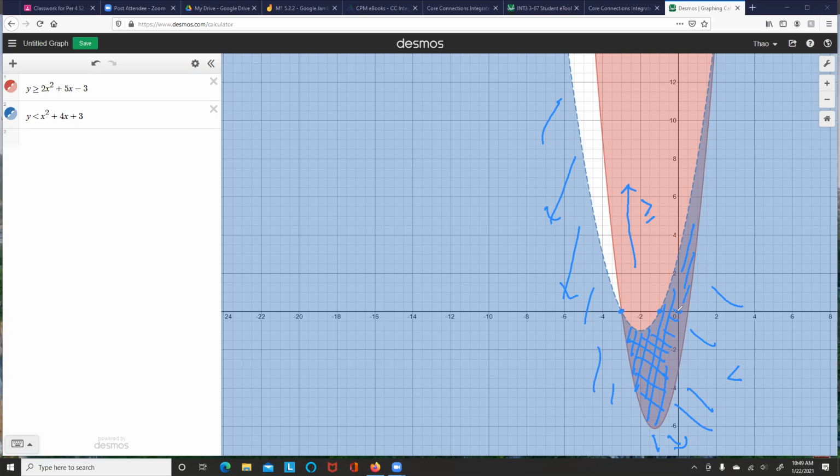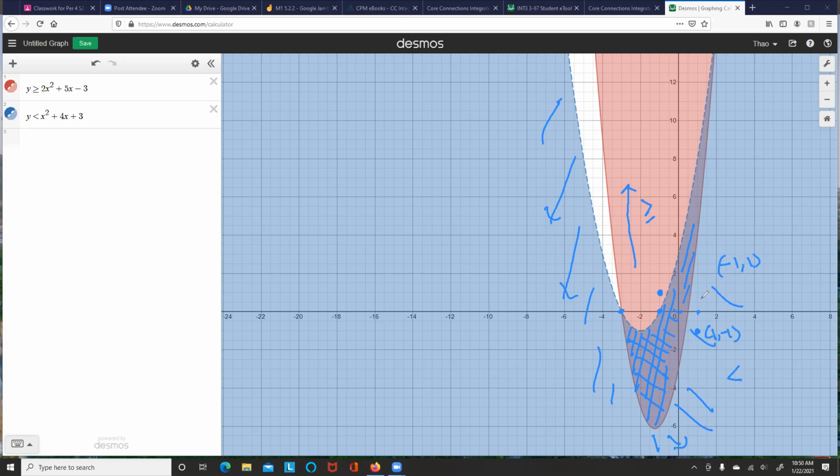I forgot. I think it was -1, 1, which is this point. See, this is in the red area, but it's not in the blue area. So that's why it worked for one of them, but not the other.